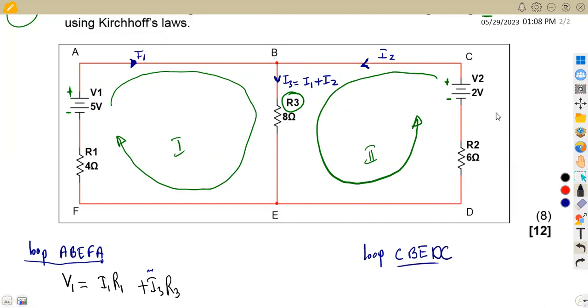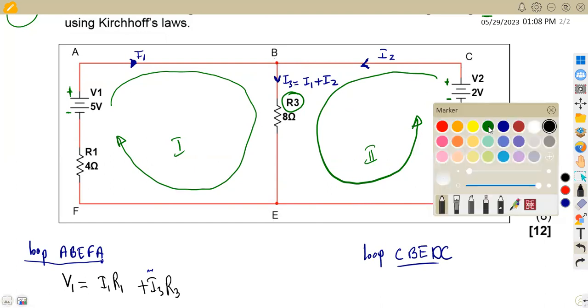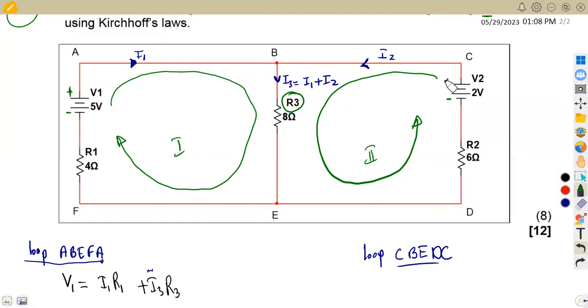On this loop, just like the previous part, if you consider from the point E to D to C to the point B, this branch as we go up to B, there is only one current flowing there, which is I2, with only one resistance, which is R2. So the total voltage, which is V2, is going to be I2 times R2, current times resistance.